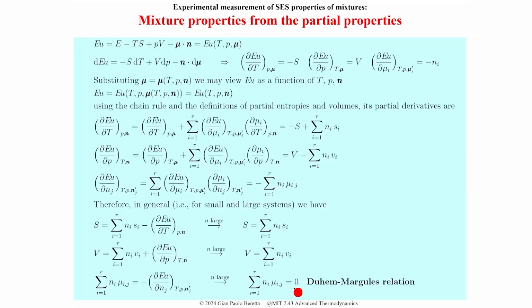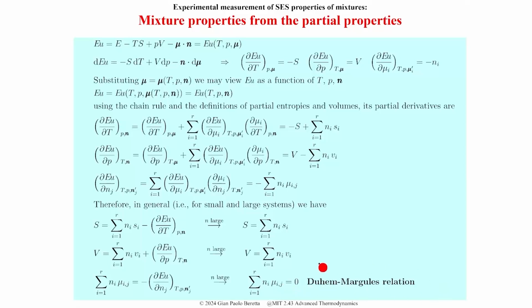Actually, there is one for each constituent, because you see there is a summation over the constituents I. So I is a dummy index within the summation. But then there is a j, which is free. So this has to be equal to 0 for every j.